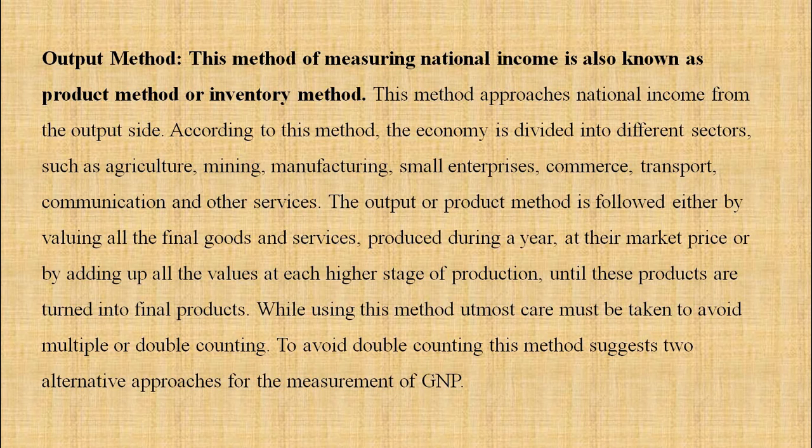The output or product method is followed either by valuing all the final goods and services produced during a year at their market price, or by adding up all the value at each higher stage of production until these products are turned into final products.